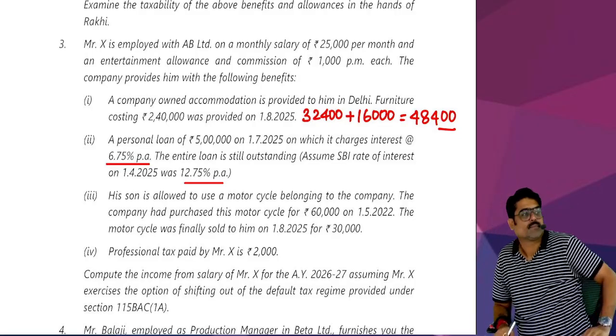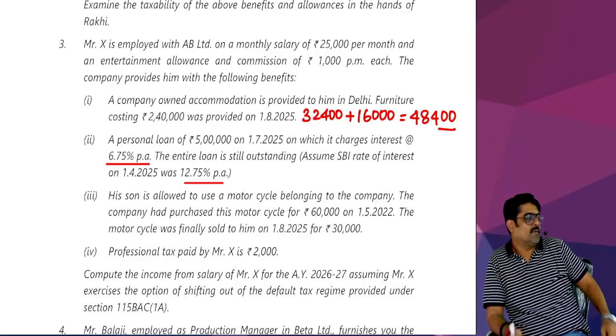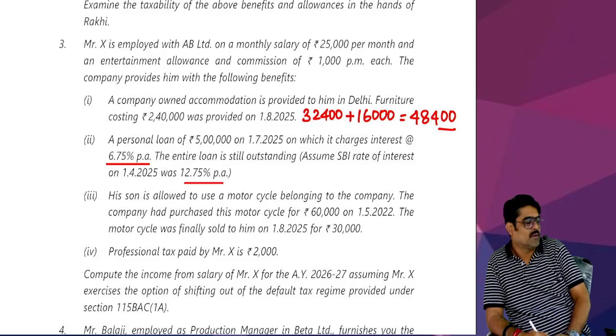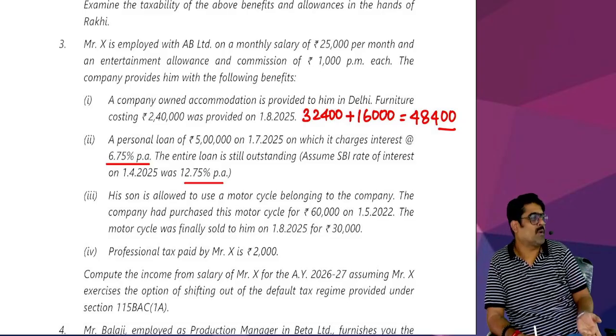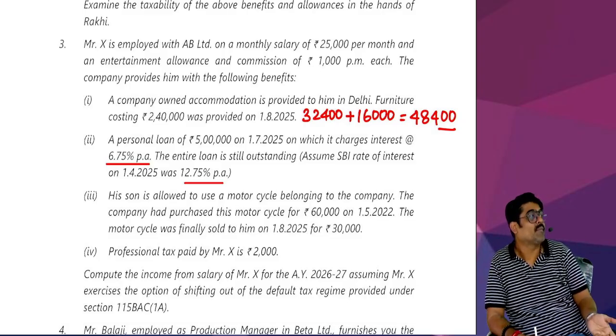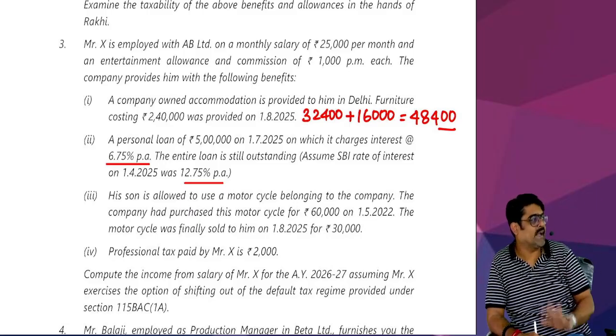No repayment. August, 5 lakhs. Then September, 5 lakhs. October, every month loan amount outstanding is the same from July to March. From July, every month the loan amount outstanding is 5 lakhs.